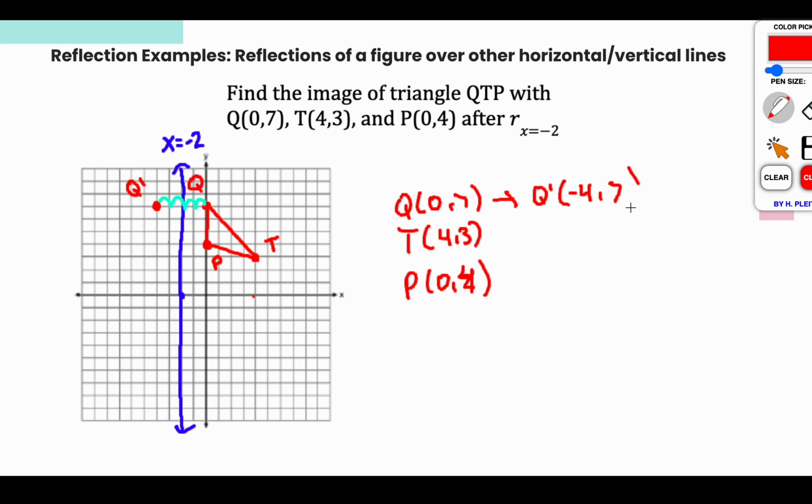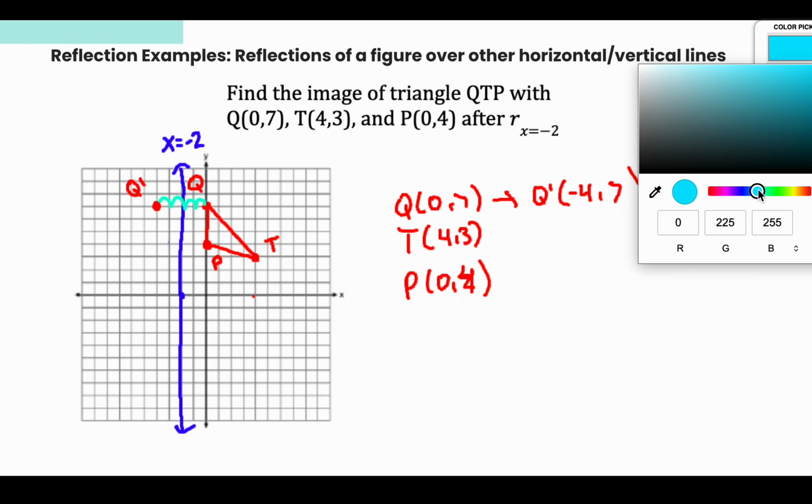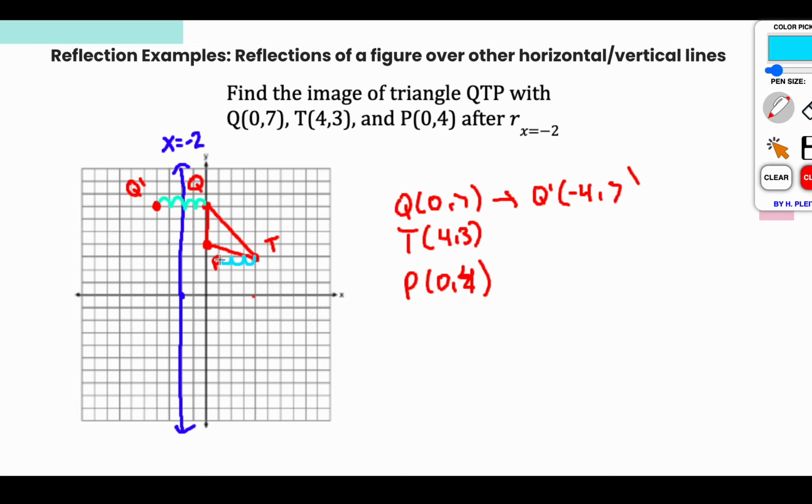And then T prime, if we count our units away, we get 1, 2, 3, 4, 5, 6. So T prime is this point right here, and that's -8, 3.